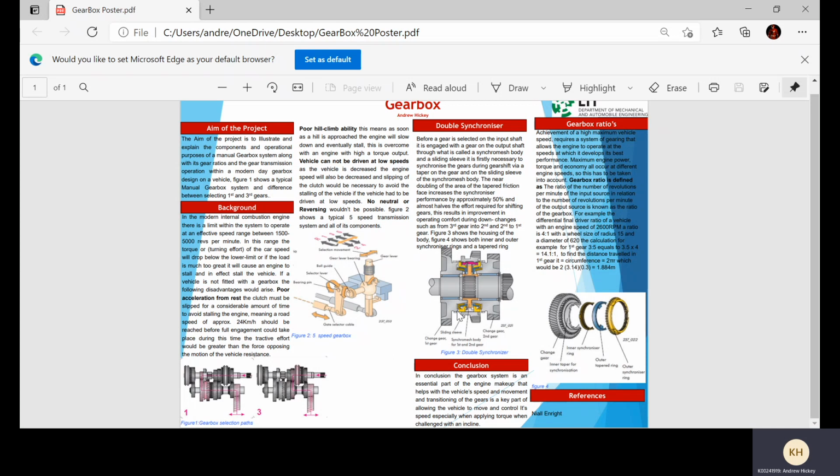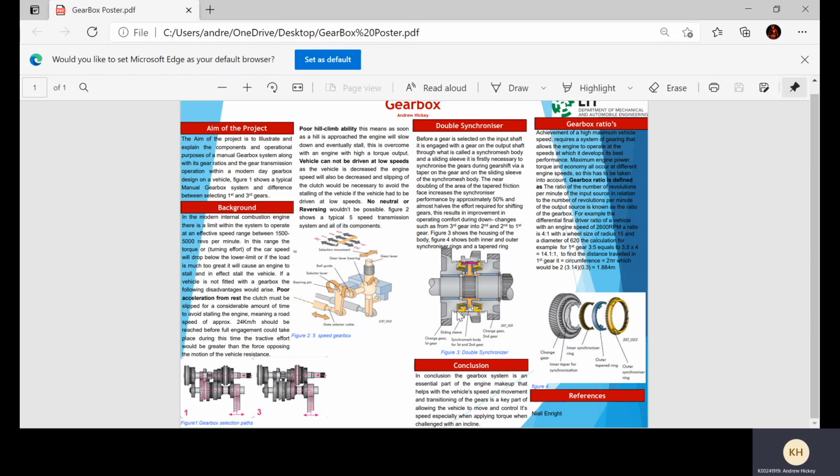The calculation for the example for first gear is 3.5 by 4 equals 14:1. To find the distance travelled in first gear equals the circumference, which is 2 pi r, which would be 2 by 3.14 by 0.3, and that will equal our distance, which is 1.884 meters.